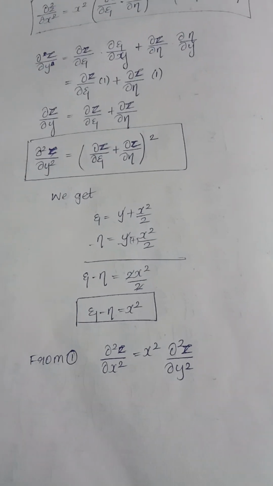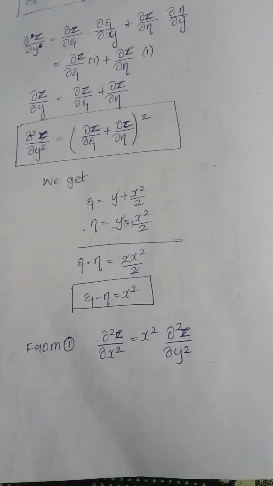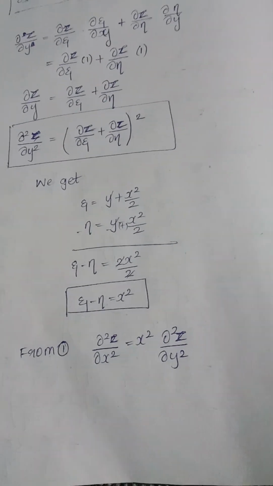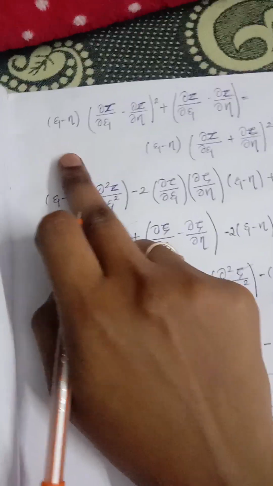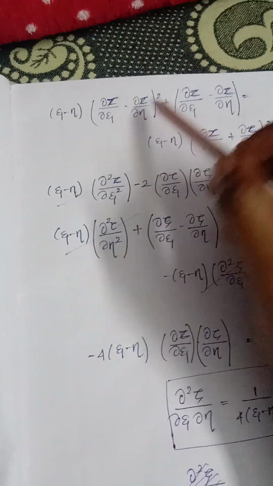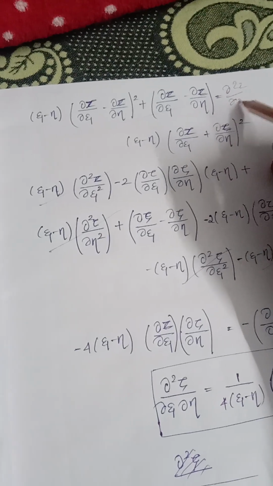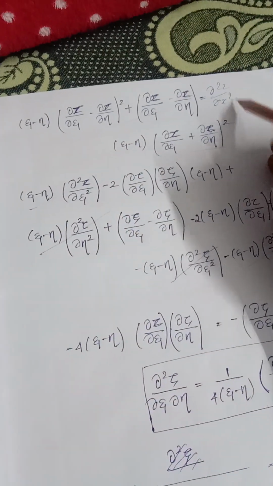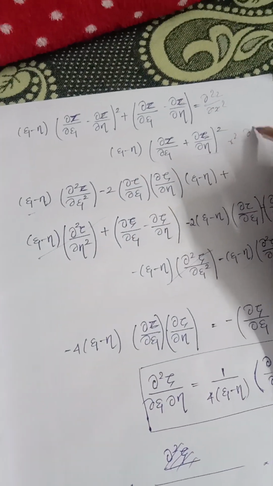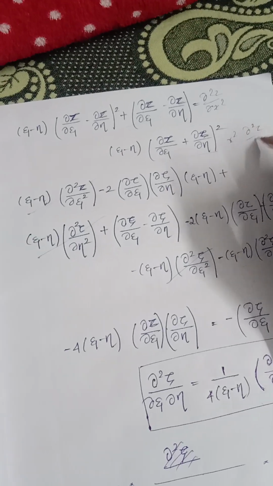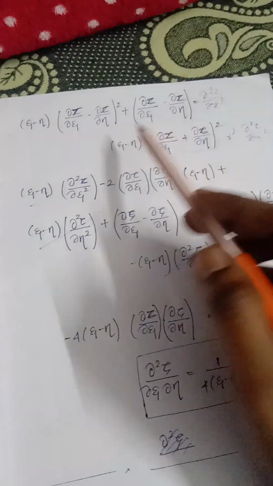Instead, we must have the values xi and eta. So xi minus eta into this is in the form of dou square zeta divided by dou x square, and this is in the form of x square into dou square zeta divided by dou y square.